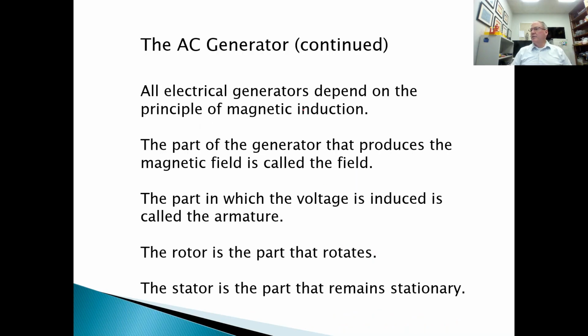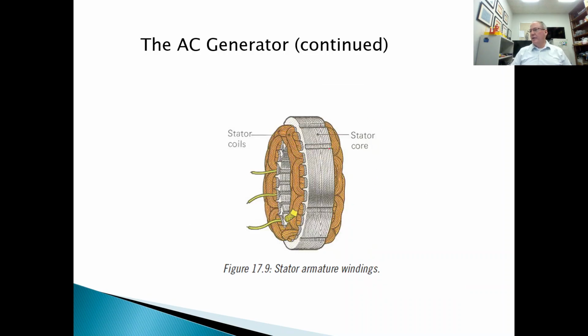Now, all electrical generators depend on the principle of magnetic induction, and the part of the generator that produces the magnetic field is called the field. The part in which the voltage is induced is the armature, the rotor is the part that rotates, and the stator is the part that remains stationary. So here's the stator coil or core, and then inside of it we'll have the rotor.